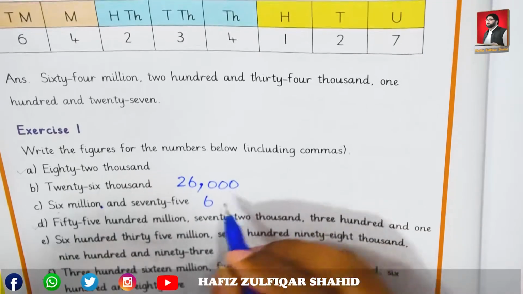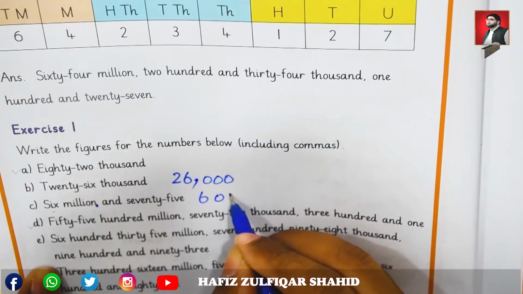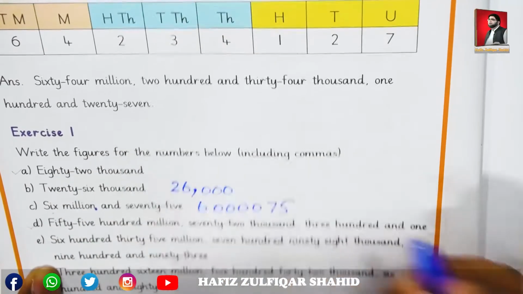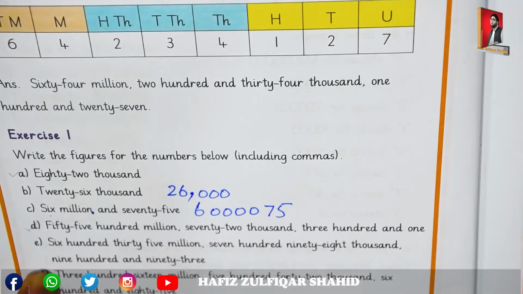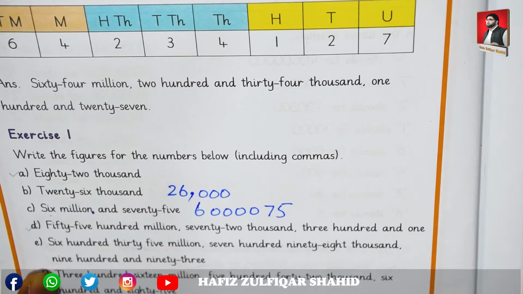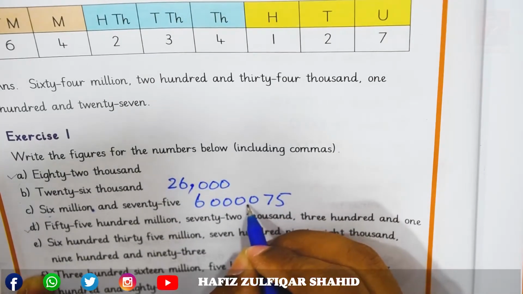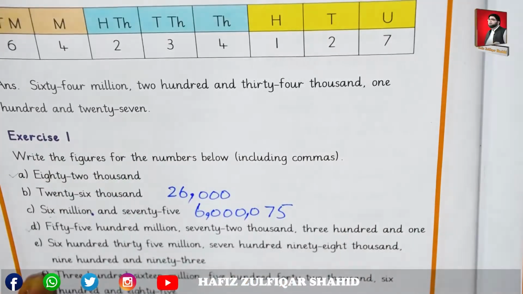With the same procedure we will solve our rest of exercise. This value will be read as 6,075,000. Now put commas after every 3 digit. First here, second, before 6.